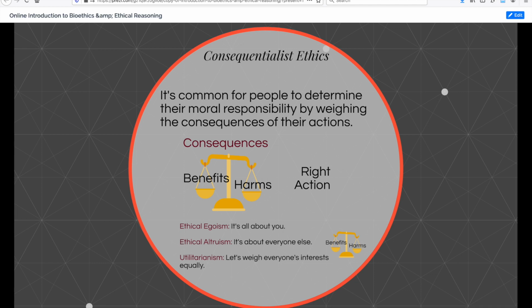There's ethical egoism, which is one of the oldest ethics, born out of the Greek tradition, where it's all about you. When you weigh the consequences of an action, you weigh the benefits and harms to yourself, right? And you do that action which brings about the greatest benefits and the least harms to you. An ethical egoist would argue that that is the ethical action to do.